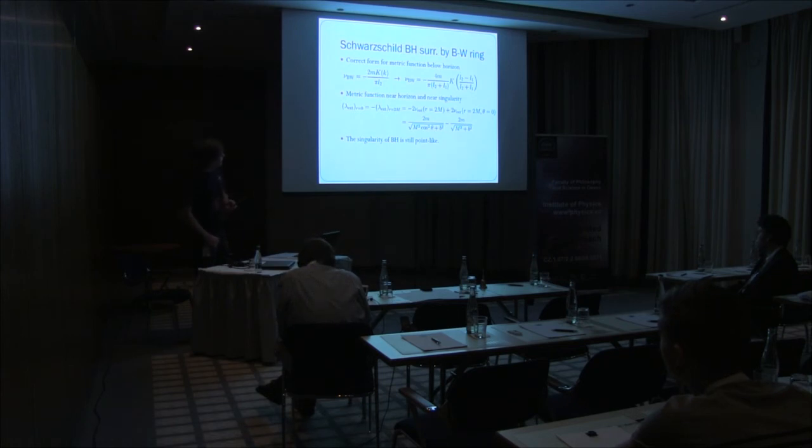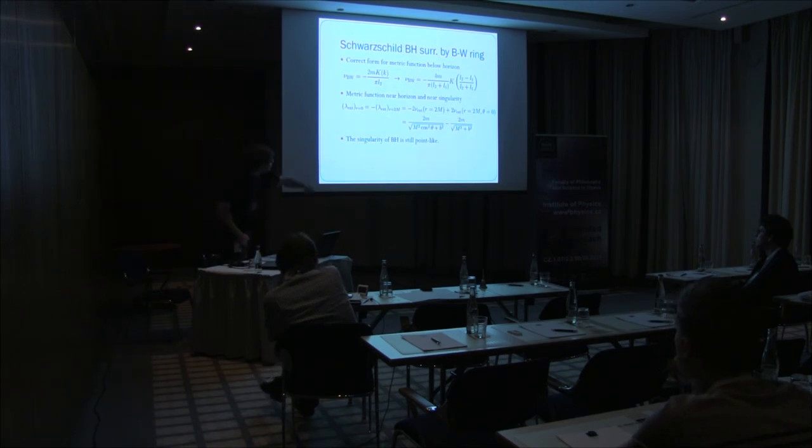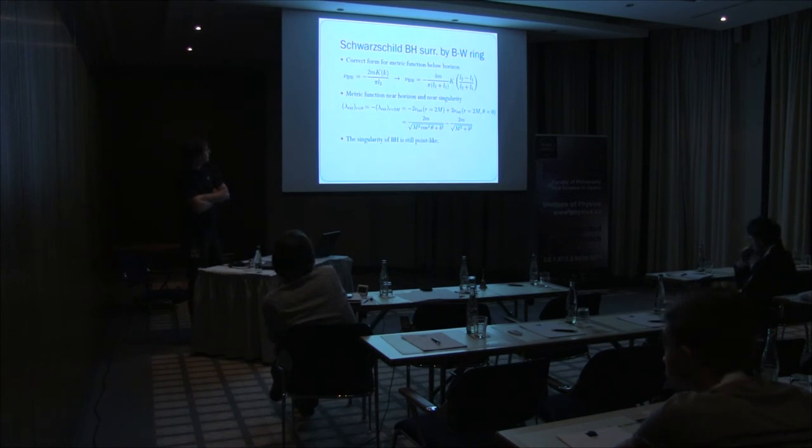We can calculate it analytically by this formula, and for our case of the Bach-Weyl ring, there is a simple result at the last line. And one of the results is also that the singularity of the black hole is still point-like if we have the presence of a Bach-Weyl ring.